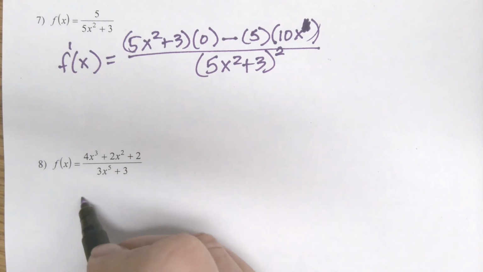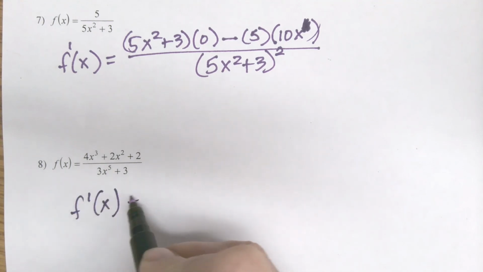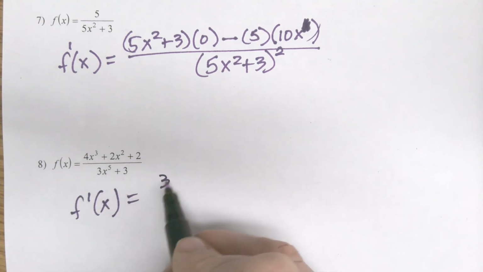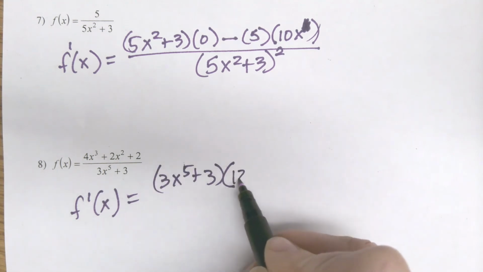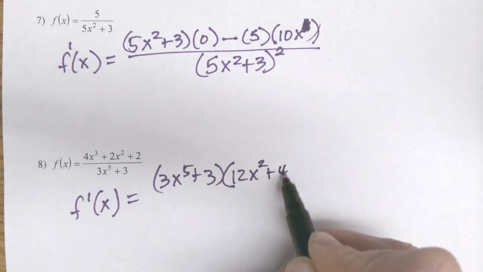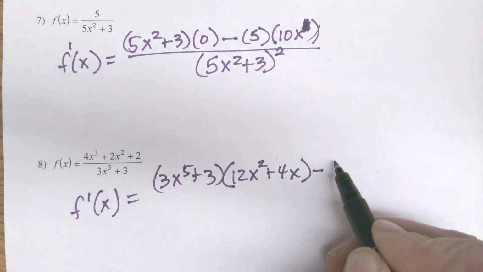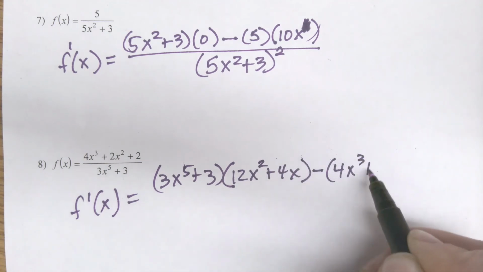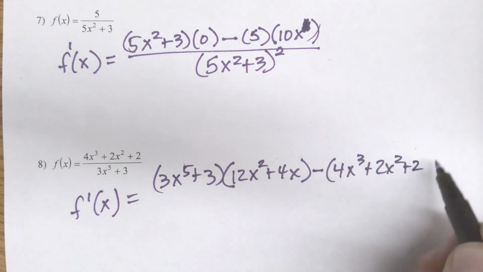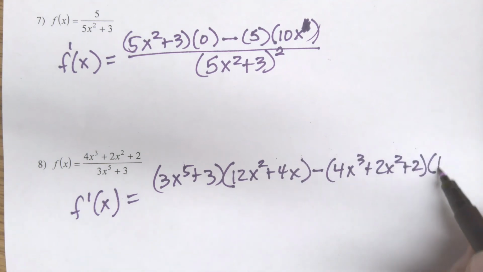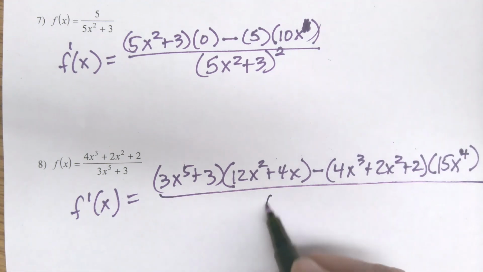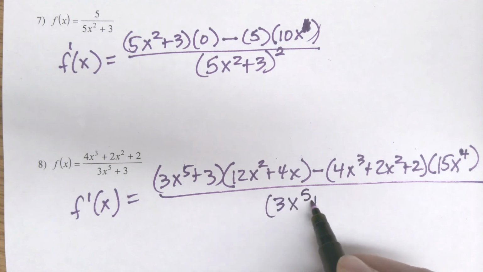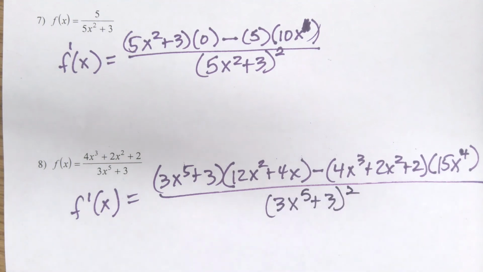Again, going through that process, it's the bottom as is times the derivative of the top minus the top as is times the derivative of the bottom over the bottom squared.